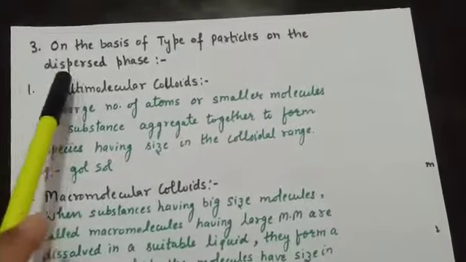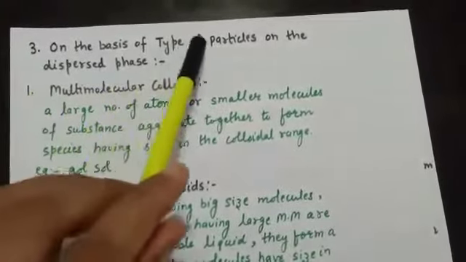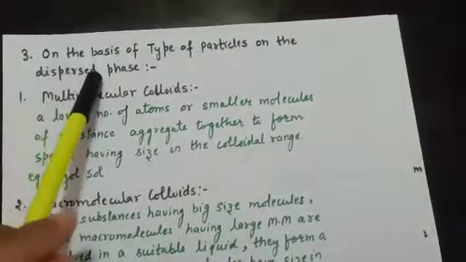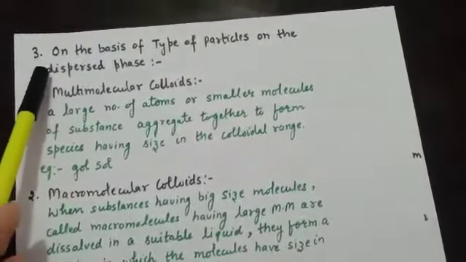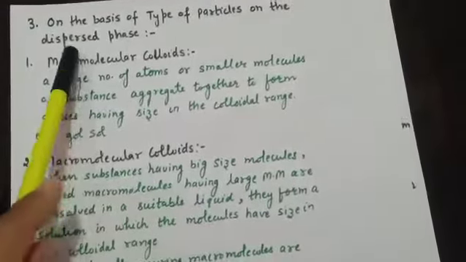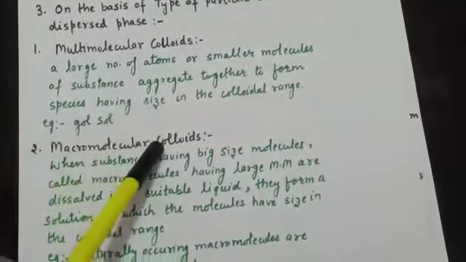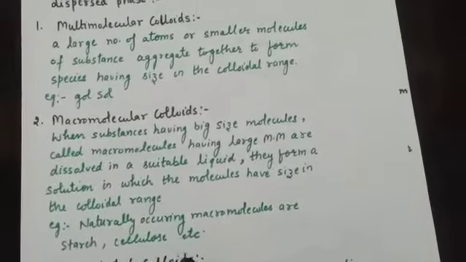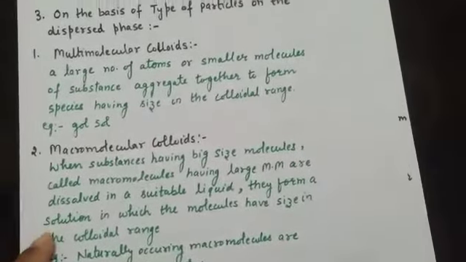In this classification we have three types: multimolecular colloids, macromolecular colloids and associated colloids. One by one we will discuss these 3 types.